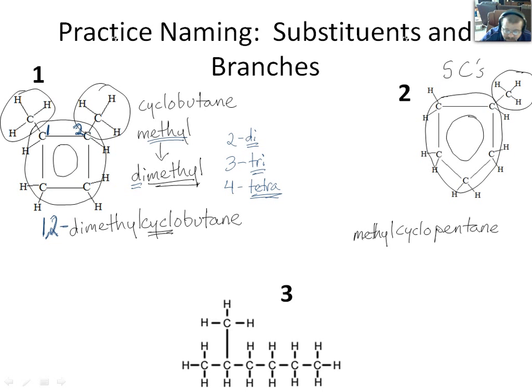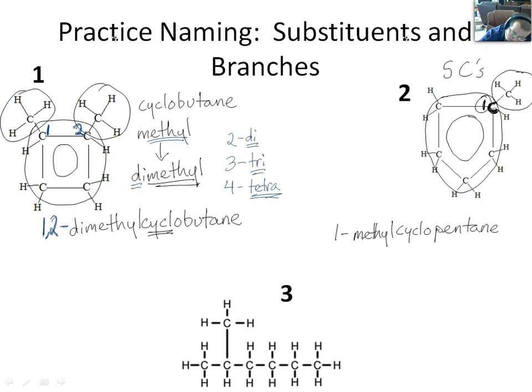And the very last thing to note is where it's hanging off in the ring. Now we could start numbering on any carbon that's in this ring. We could number clockwise, we could number counterclockwise, that's entirely up to you. But the best way to number this ring is to start on the carbon where our methyl group is hanging off and just label it 1.